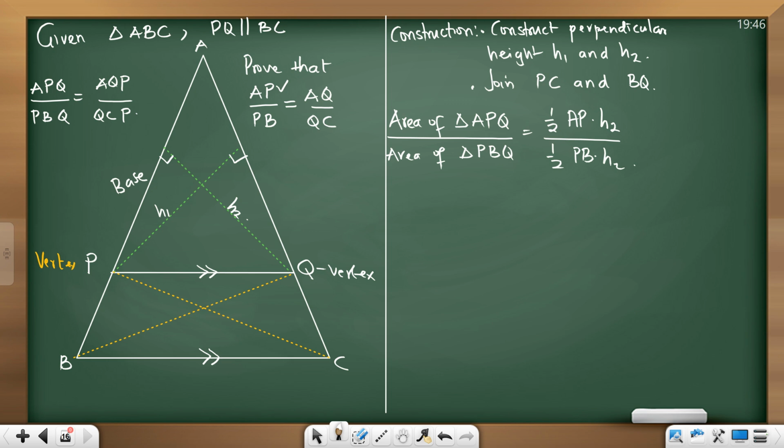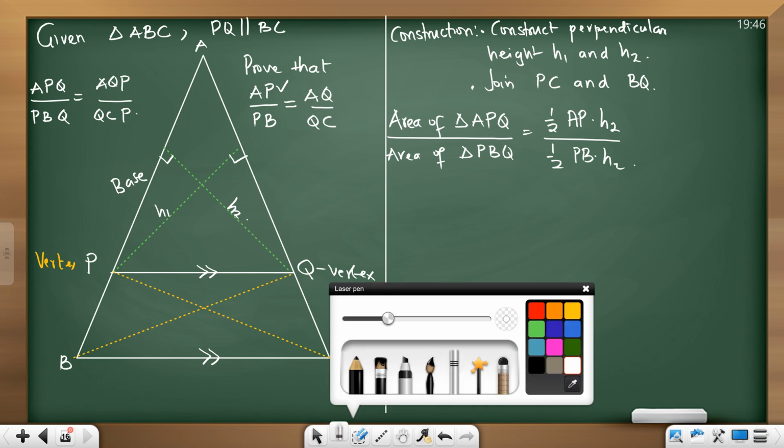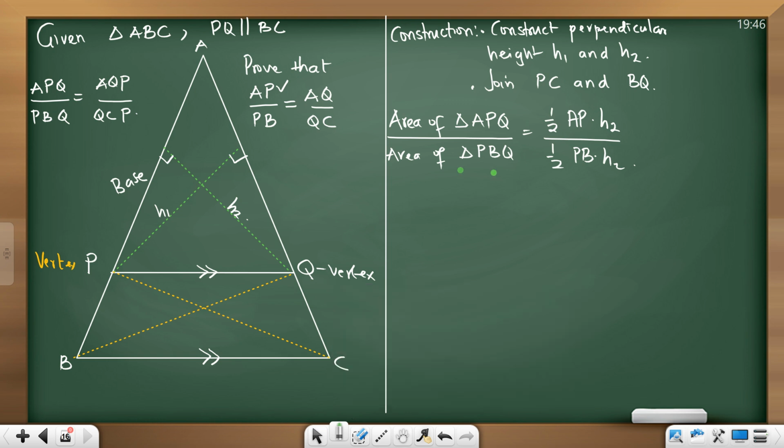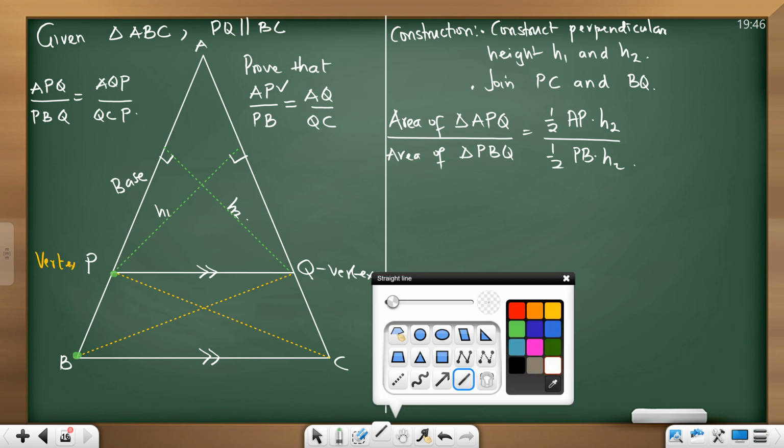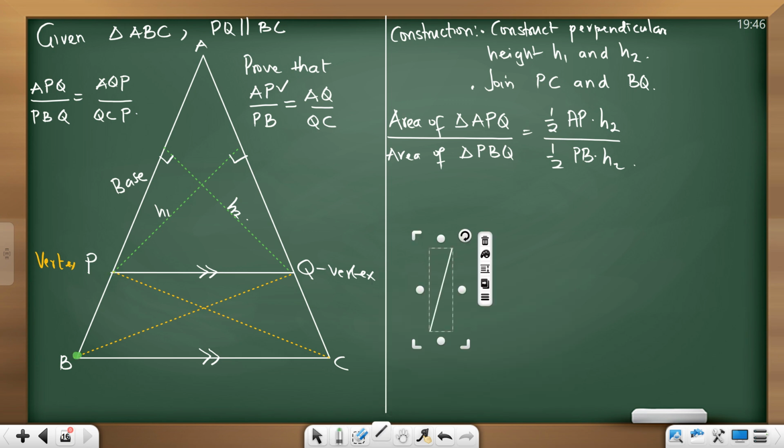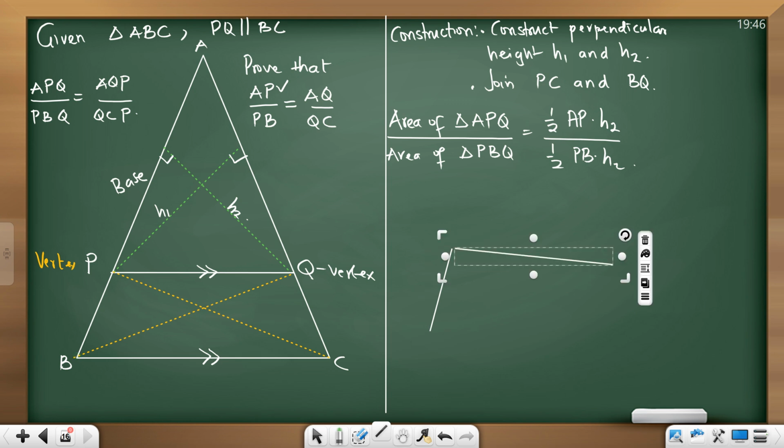Don't even stress. Write H2 again. But let me show you. Look at it. What are we looking at? PBQ. Watch this. Let me draw it out for you so you can see. Somebody saying, how is that connected?